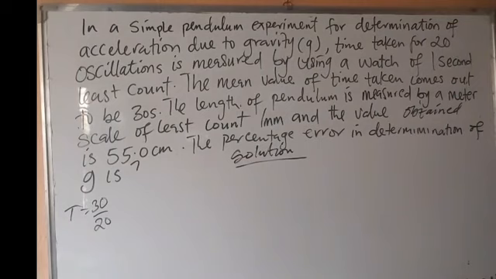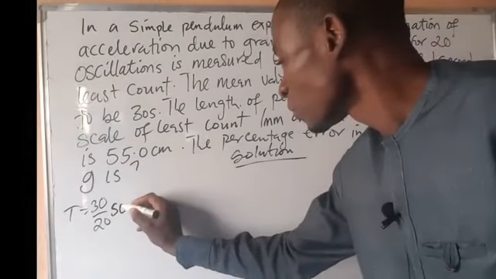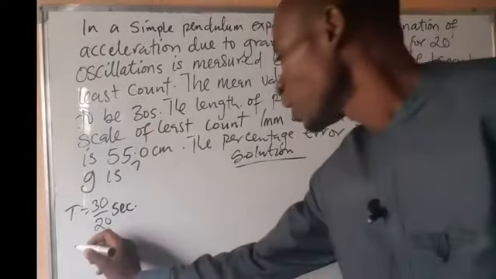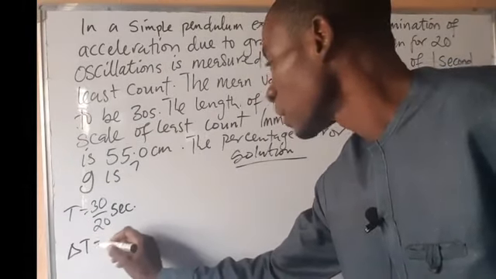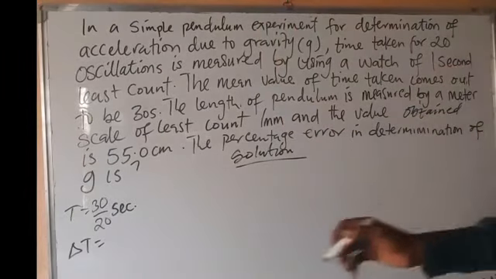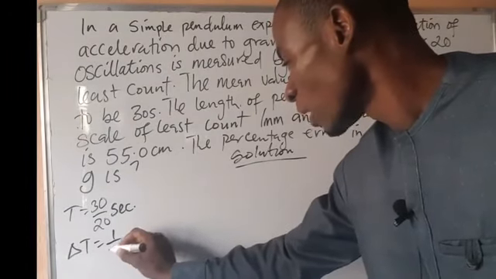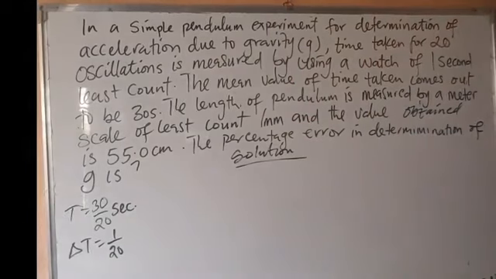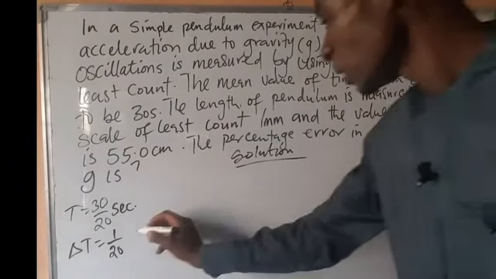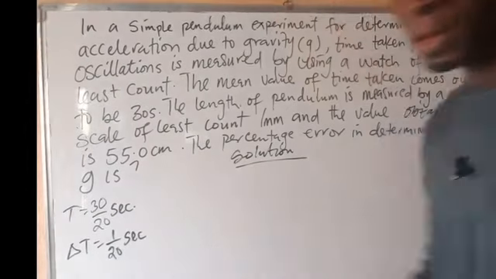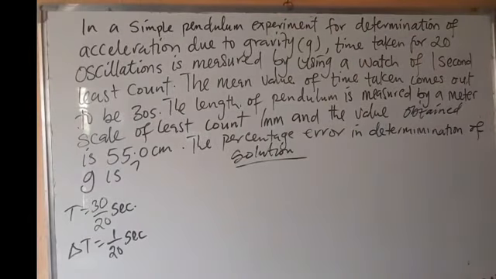The unit is seconds. The change in time is given as 1, so the change in period is 1 over 20. We divide by 20 because the number of oscillations is 20. The unit is still seconds.